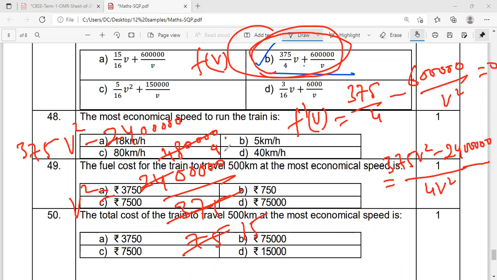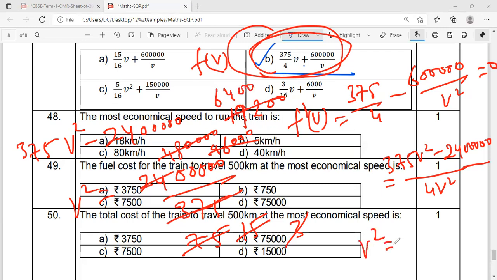Then 30. 5 6s are 30. Then the 15 again. Then double 0. And then again 3 6s, 3 4s, is 6400.